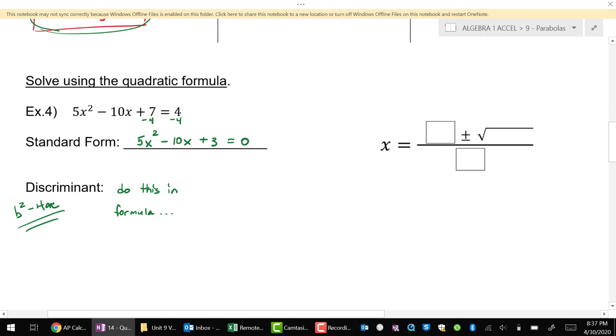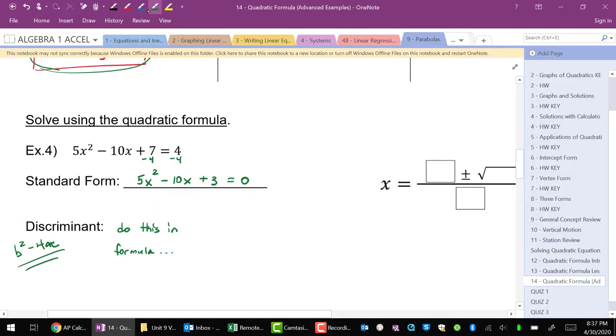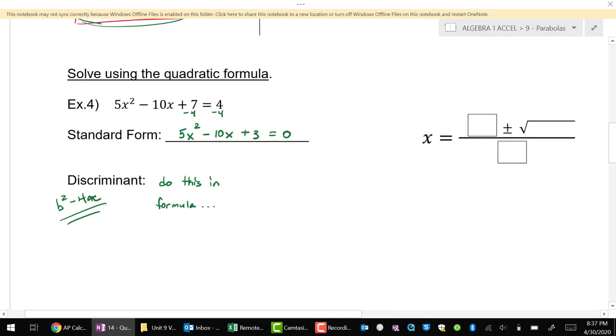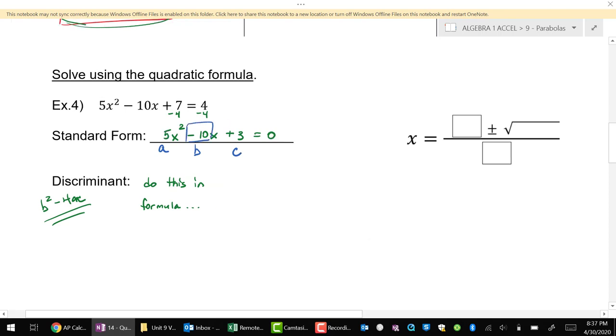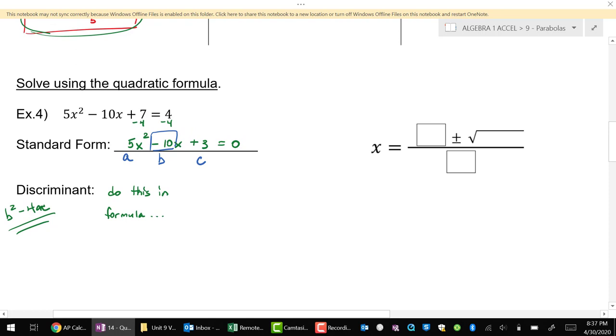X equals opposite of b. Let's label the a, b, and c values. Here's a, here's b, and then there's c, the constant. Notice b is negative 10, by the way. Don't miss that negative. So x equals opposite of b. B is negative 10, so its opposite would be positive 10.